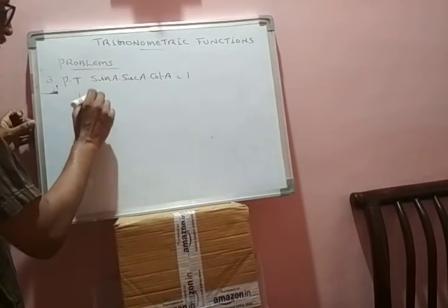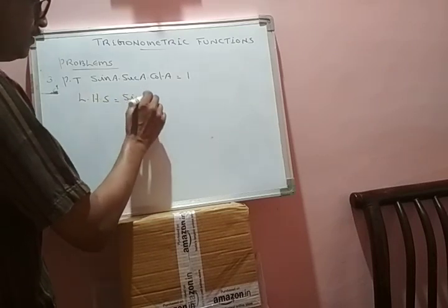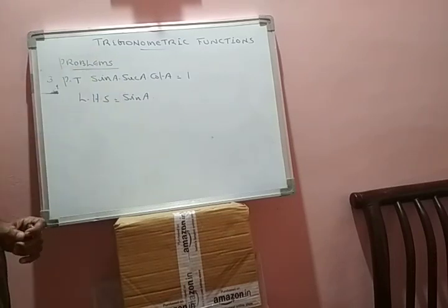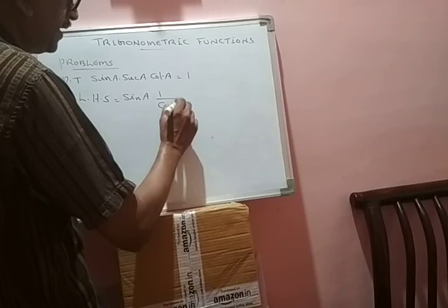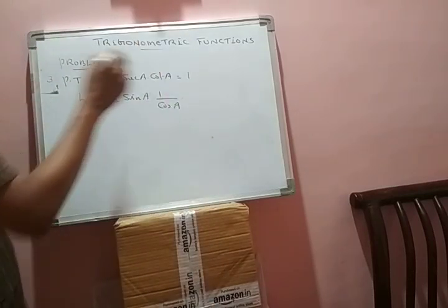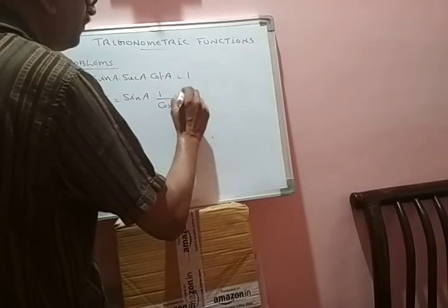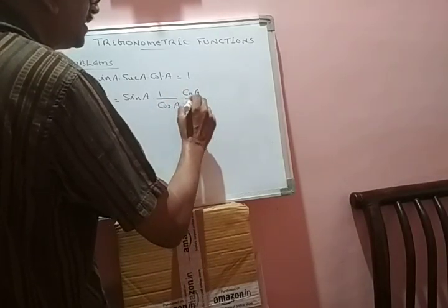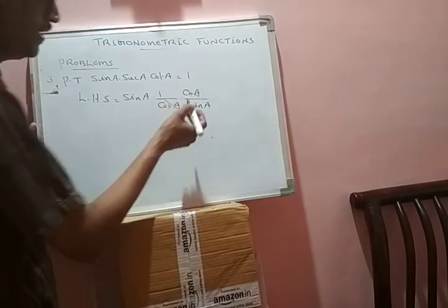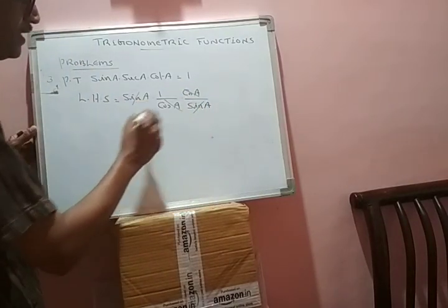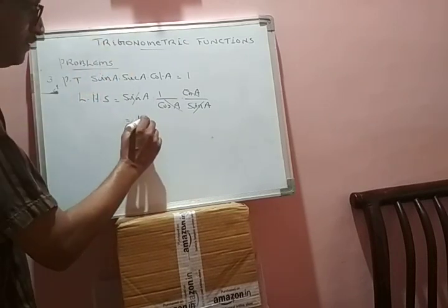LHS is equal to sin A into sec A, which is same as 1 by cos A. Sec is the reciprocal of cos A. Therefore, sin A into 1 by cos A into cot A. Result for cot A is cos A divided by sin A. Here cos A gets cancelled, sin A gets cancelled. Answer 1. This is the right hand side.